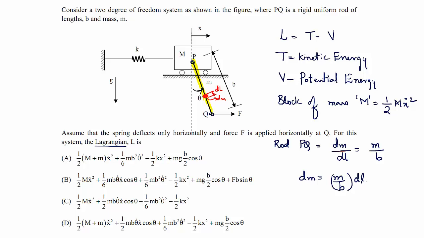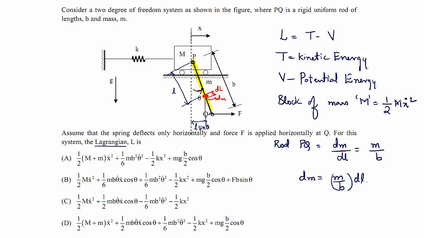Now, when this differential mass moves in the x direction, let us say it is located at a distance L from this end. So this distance will be L sine theta.